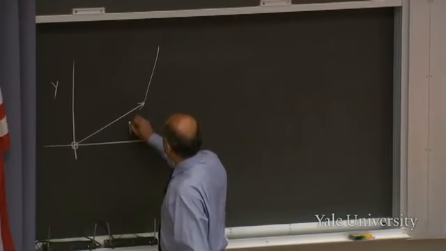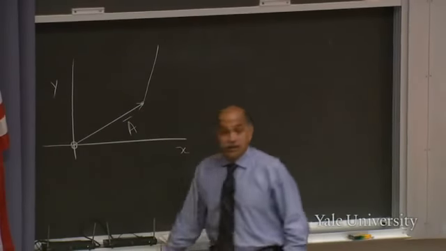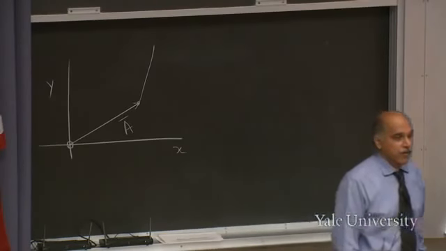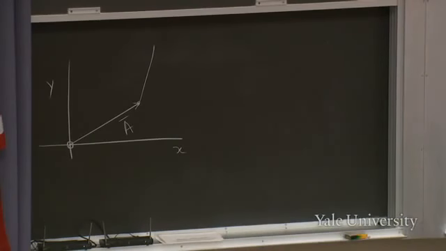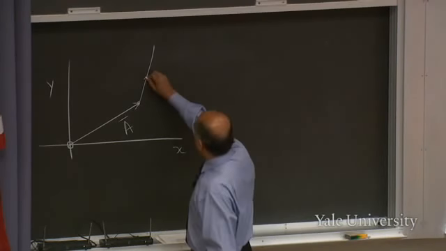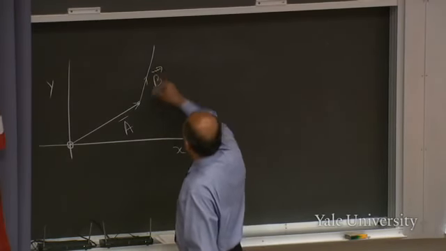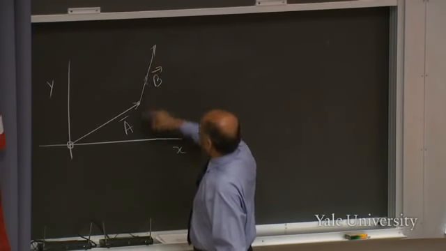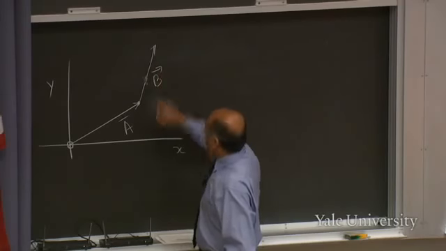This is called a vector. I'm going to give it a name A. It starts from the origin and goes to this point. That is a description of what I did on the first day. And the second day, I did this, and that is the description of what I did on the second day. In fact, the proper way to draw a vector is to draw an arrow. It's got a beginning, and it's got an end.